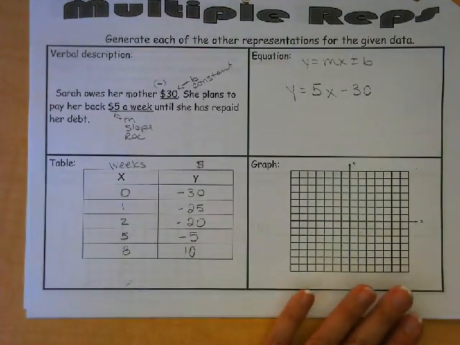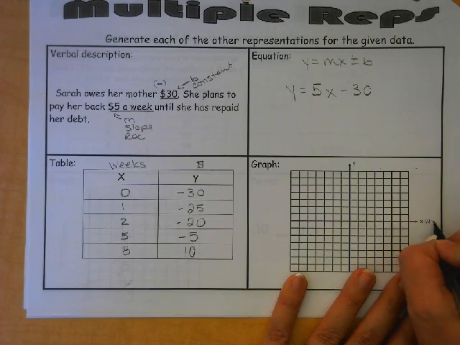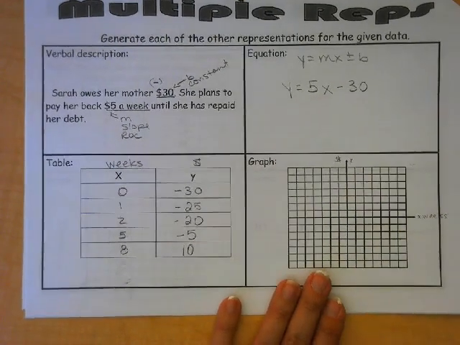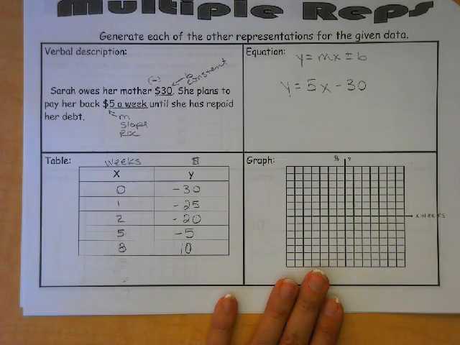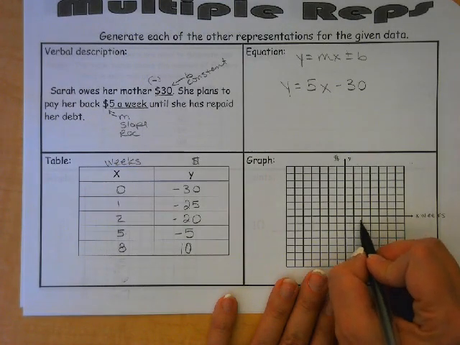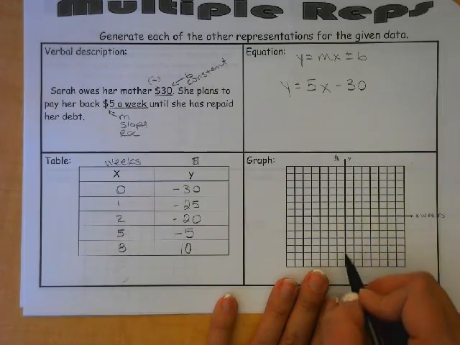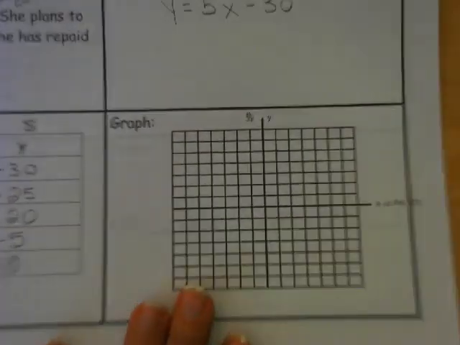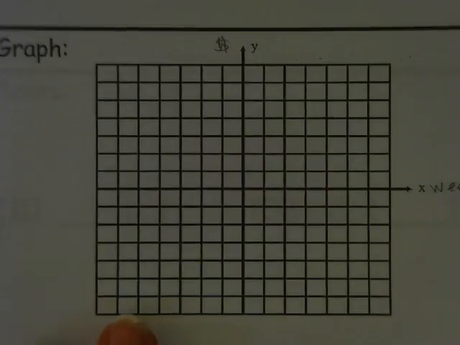No. When you graph this, we need to at least put our labels. This is weeks and this is money. We can do it like that. Probably want to count. We can count by ones on the x. What do you want to count by on the y though? Probably 5. So I'm going to zoom in a little bit so you can see this a little bit better.